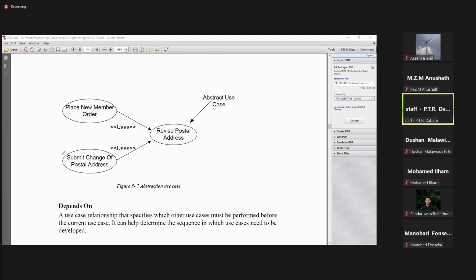To submit a change of the postal address also, you can use this one function. So instead of writing it two times, you can have one abstract use case and say uses, or you can write this one as include as well. Include.